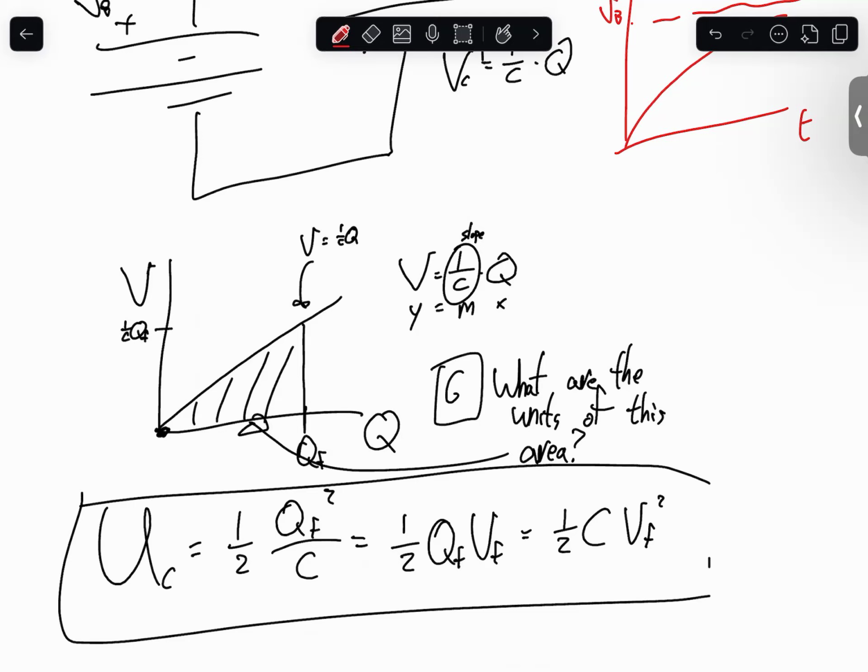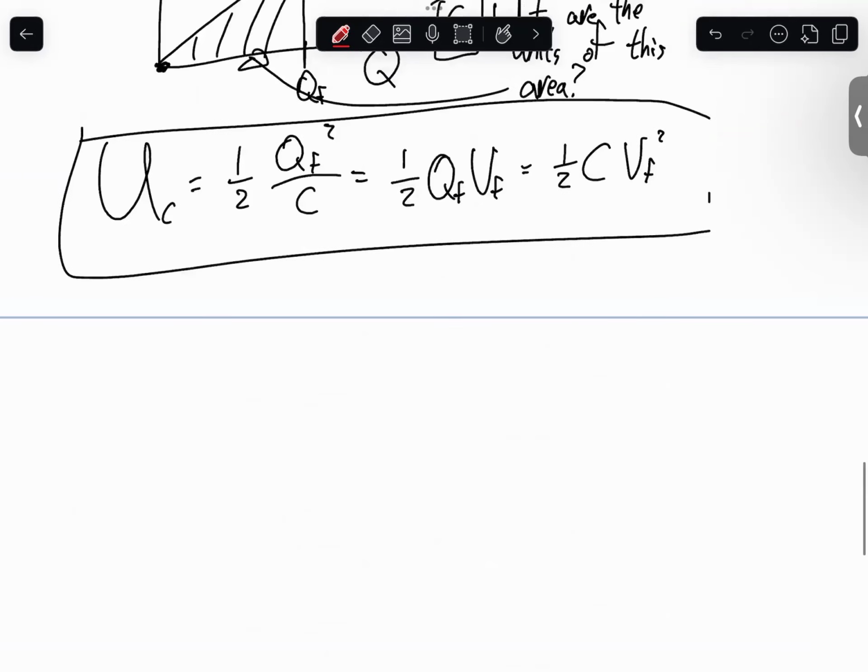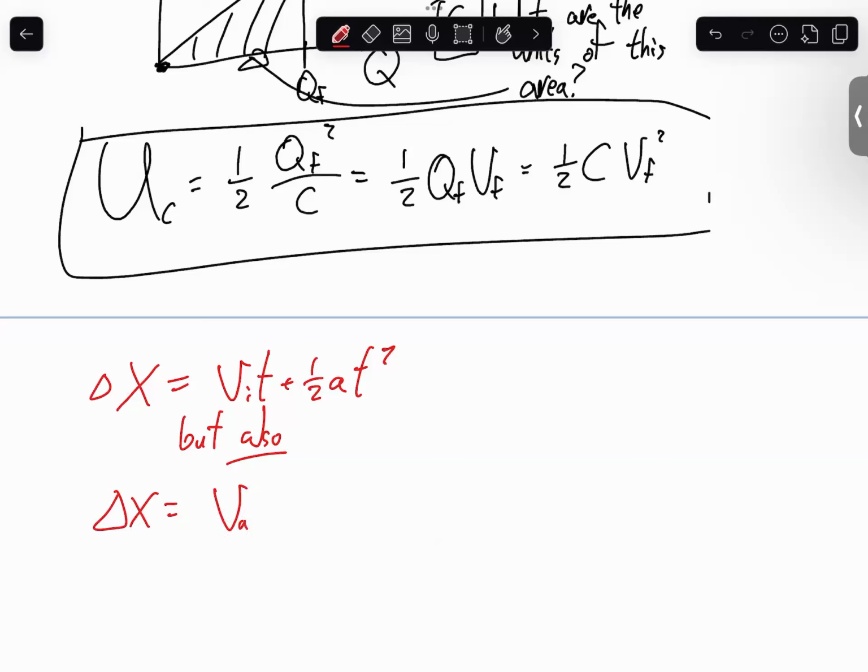Once upon a time, I wrote down the equation. Déjà vu.